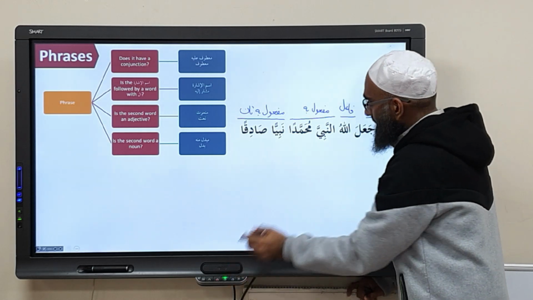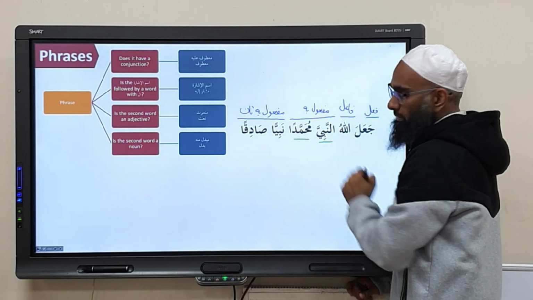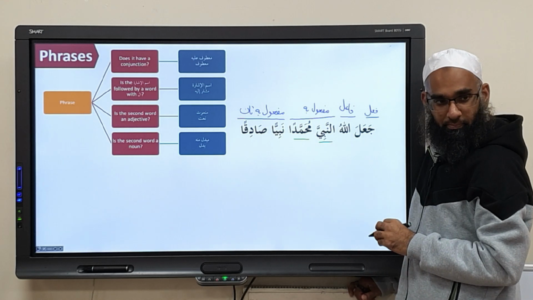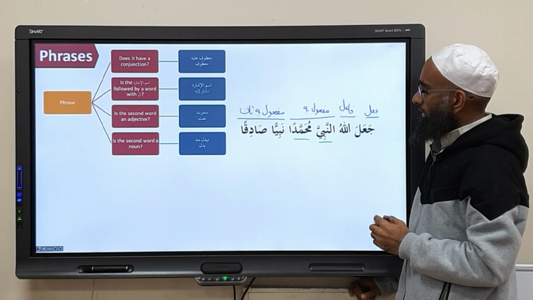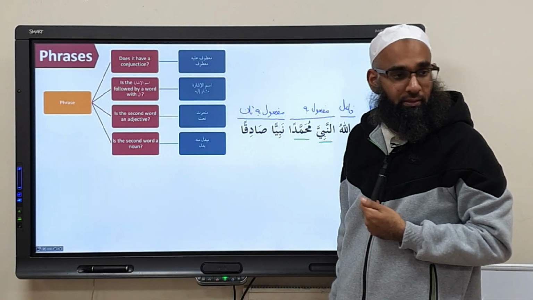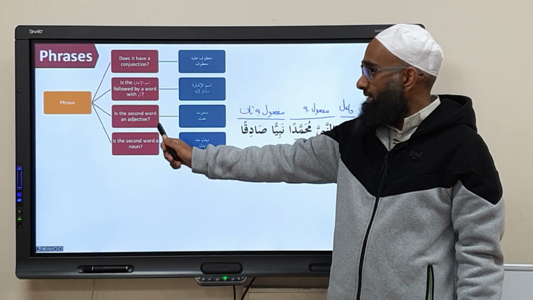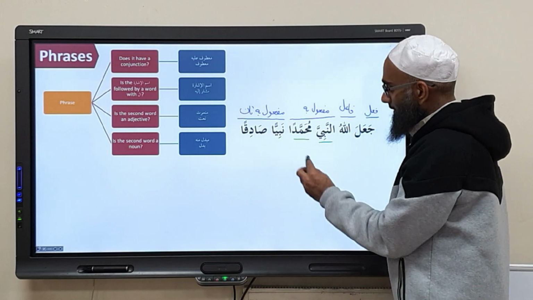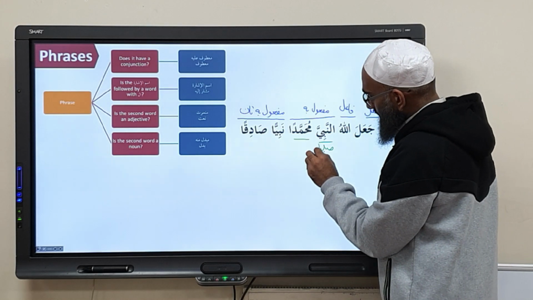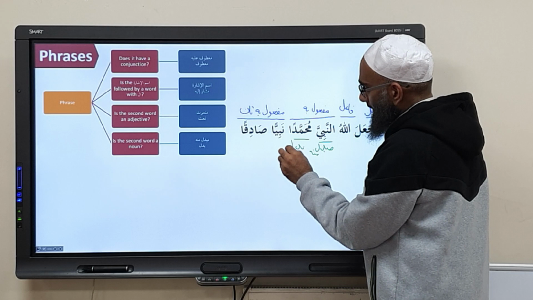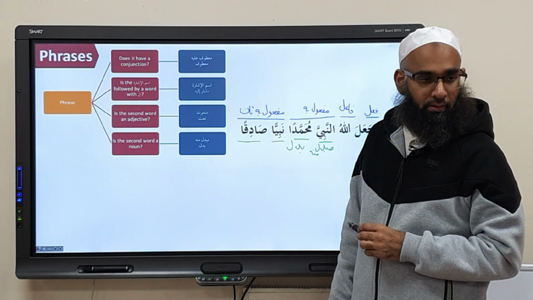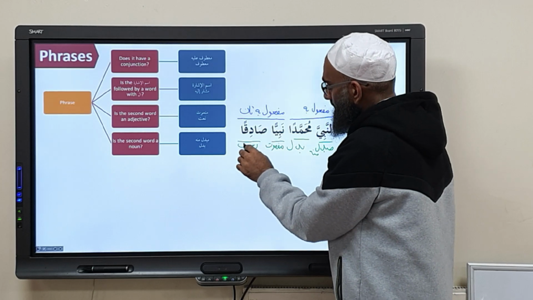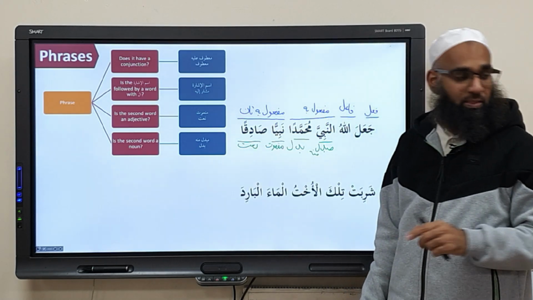And break the phrases down now. النبي محمدا is? We don't know, let's check. Does it have a conjunction? Is it ismul ishara? Is the second word an adjective? Second word is a noun? So what is it going to be? Mubdal minhu. And the badal Nabiyyan sadiqa is going to be man'ut, not. Last one.